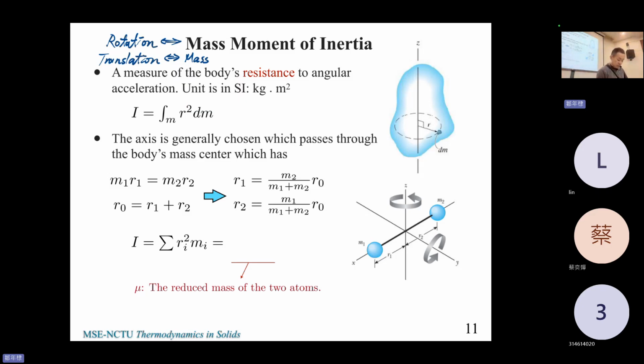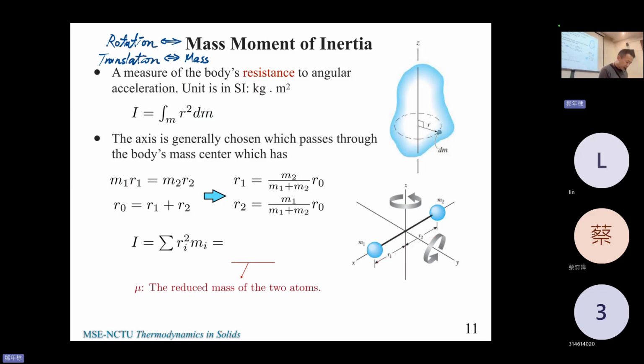This is for a general volume, and this is for two particles, because the molecule only has 2 points, N1, N2. So N1 times R1, N2 times R2. We want to find the centroid, so the moment should be balanced: N1 times R1 needs to equal N2 times R2.